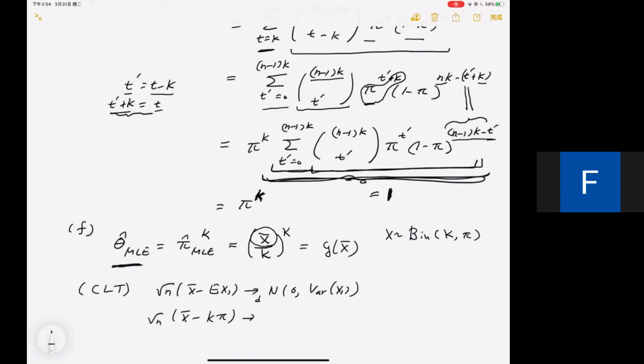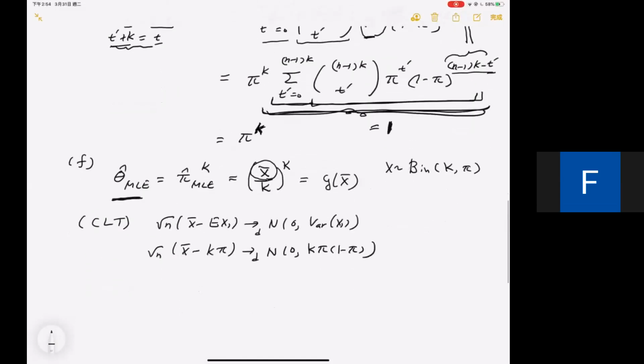Then it goes in distribution to a normal with mean 0, and variance of the binomial, n pi times 1 minus pi. Here n is k, so k pi times 1 minus pi. Then you have the central limit theory for x bar.